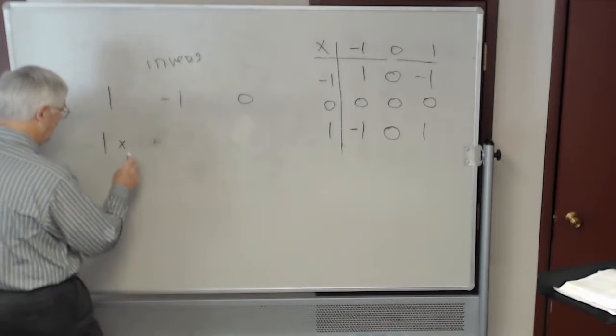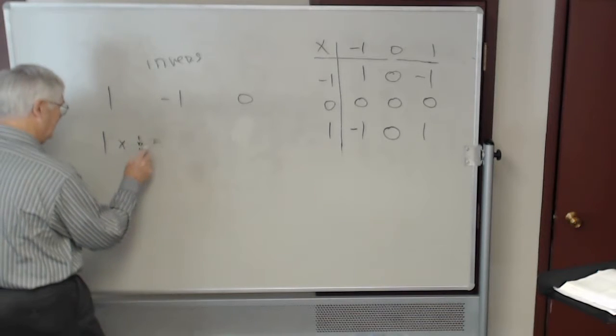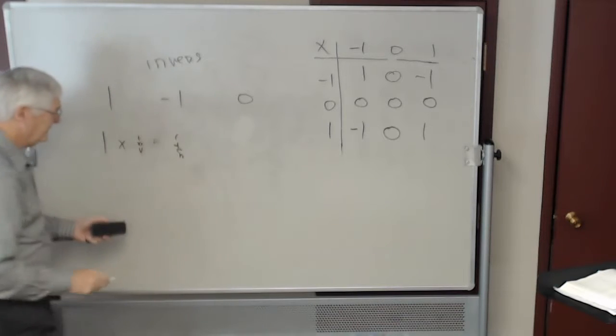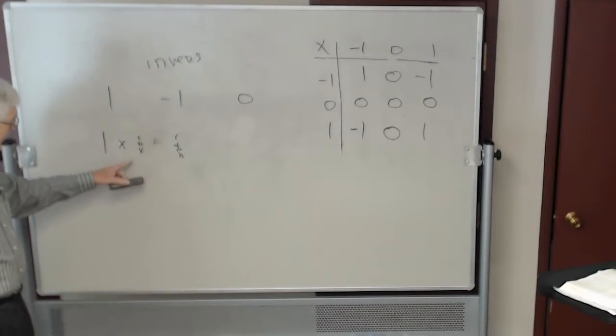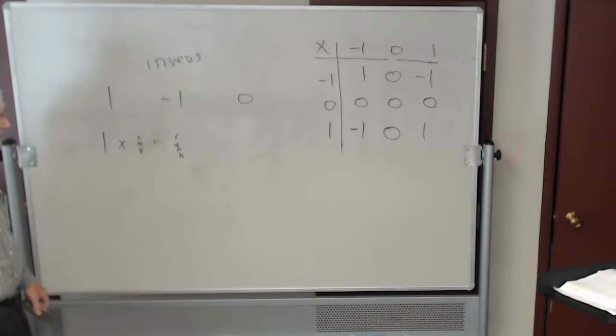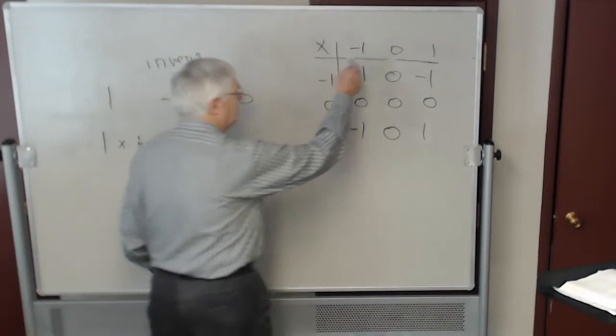Now let's call that 1 times the inverse equals the identity element. You follow that? Okay, just telling you. 1 times the inverse equals the identity element. What's the identity element for multiplication?